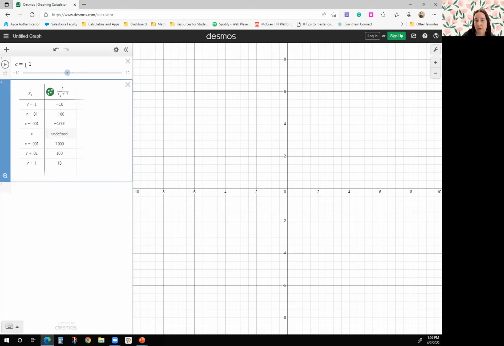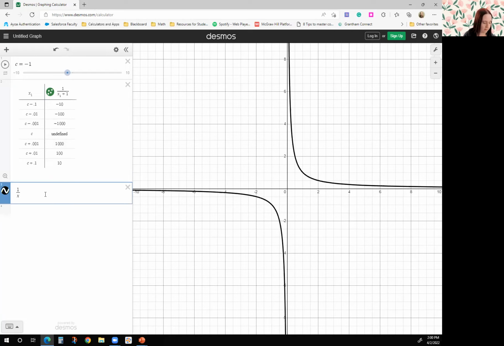So we can't just plug in -1 for x because it's undefined, but we can make a table of values to figure out what the limit is. You want the left side and the right side going to the same number. In this case, they are not going to the same number, so the limit would not exist. And I graph what that is.